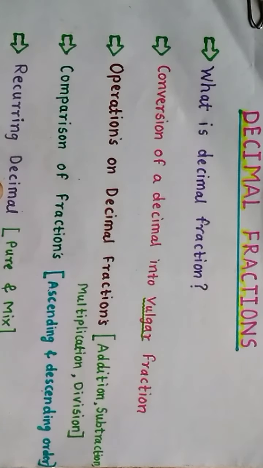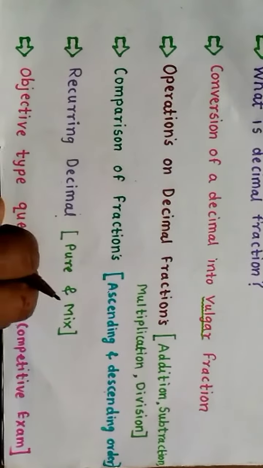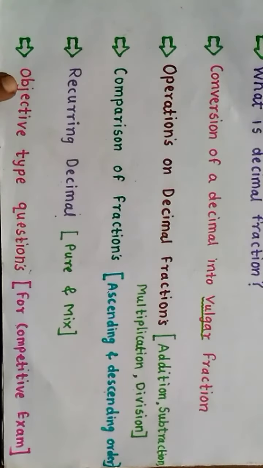There are two types of recurring decimals: first is pure recurring decimal and next one is mixed recurring decimal. We will discuss both. At last, we will do objective type questions which are important for competitive examinations. So let's start.